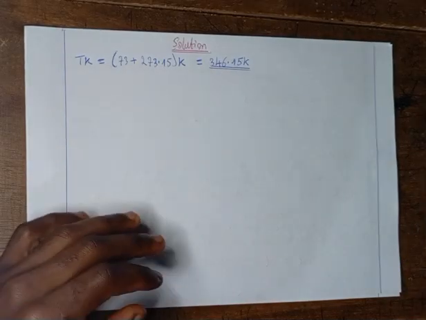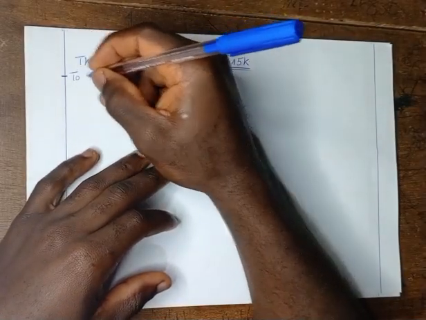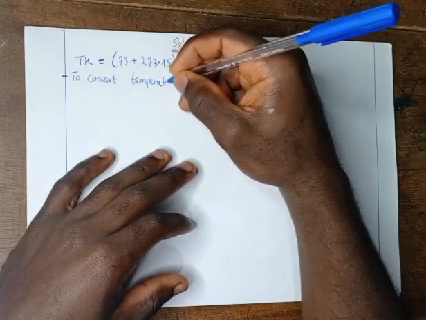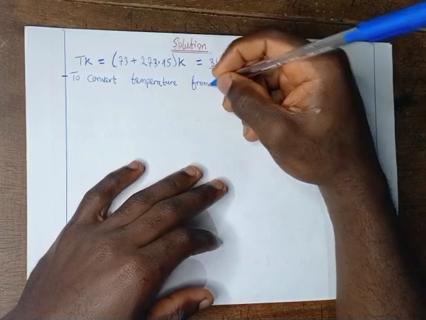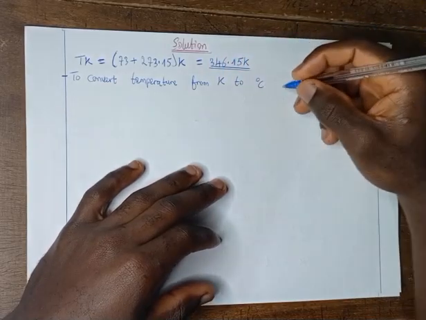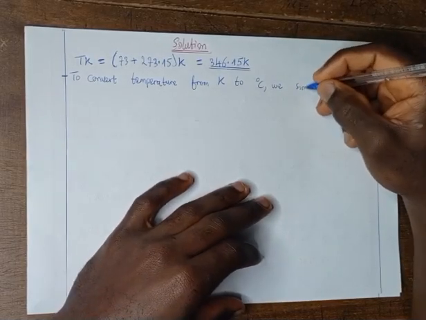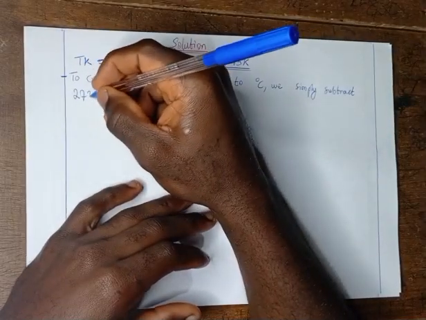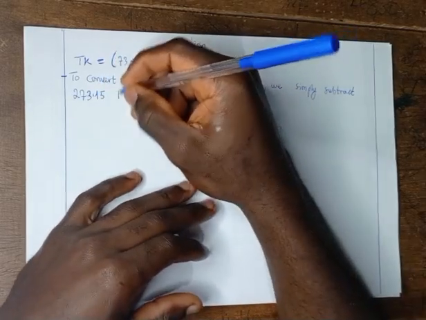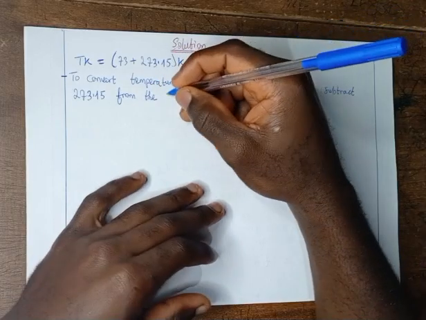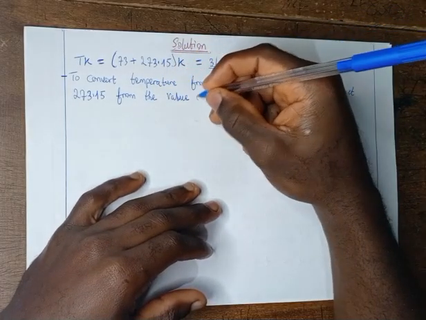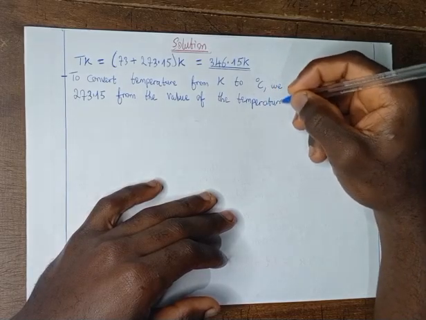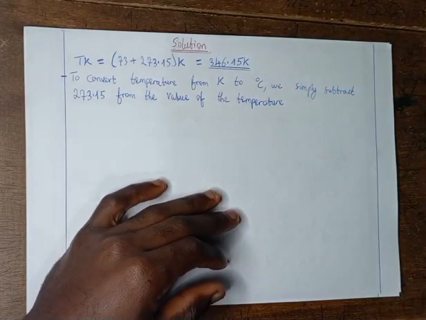We go now to the next hyphen. To convert temperature from Kelvin to degrees Celsius, we simply subtract 273.15 from the value of the temperature in Kelvin.